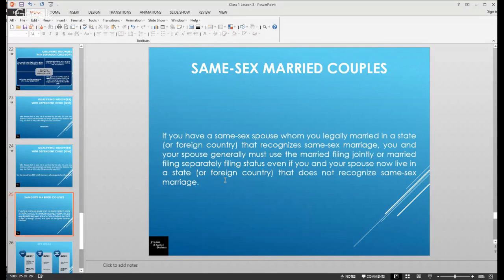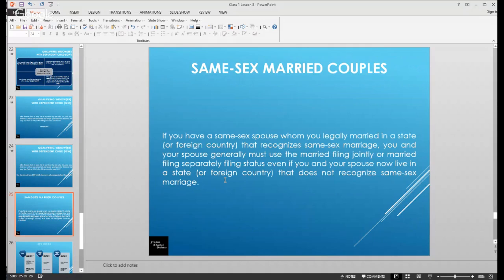Here's a way of addressing same-sex married couples. If you have a same-sex spouse with whom you legally married in a state or foreign country that recognizes same-sex marriage, you and your spouse generally must use the married filing joint or married filing separate filing status, even if you and your spouse now live in a state that does not recognize same-sex marriage.